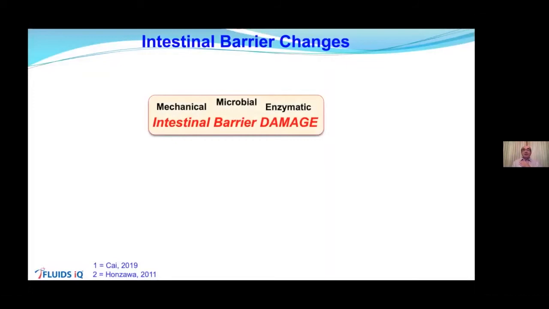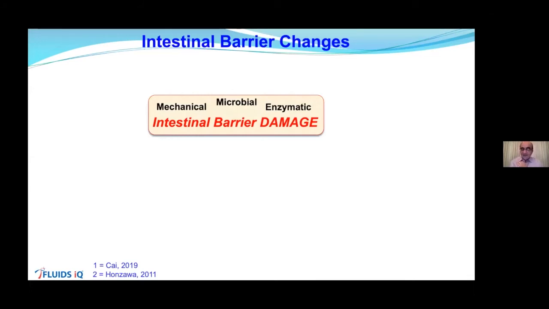And so, bottom line, when you're looking at what goes on with DAO, what you need to understand, and this is an important slide, is that intestinal barrier damage can occur due to a whole number of problems. They can be mechanical. Literally, you are mechanically destroying these cells. Microbial, which is one of the main ways it happens, especially with pathogenic bacteria.